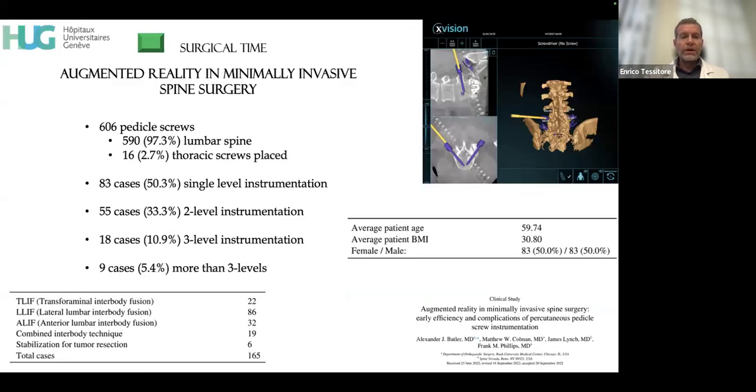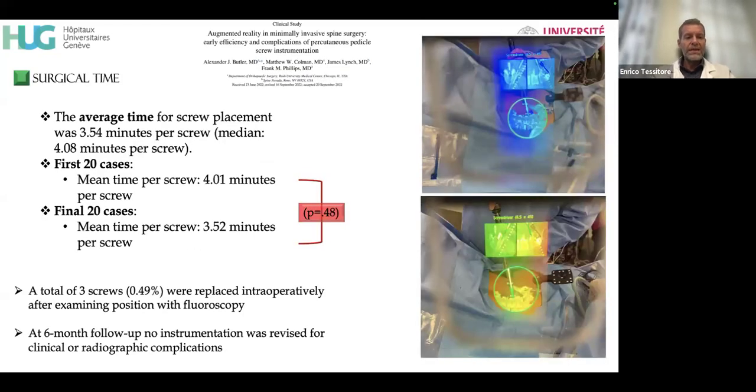What about surgical time? One of the criticisms advanced to this technology is that it's adding a lot of time to the surgical procedure, which is true at least at the beginning, in the sense that we need a learning curve. And you might see here in this study on 6 pedicle screws inserted by experienced surgeons, that the mean time per screw was, of course, higher for the first 20 cases, but it improved after the first 20 cases.